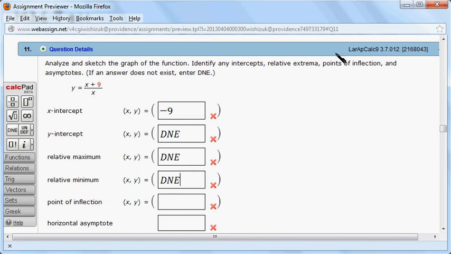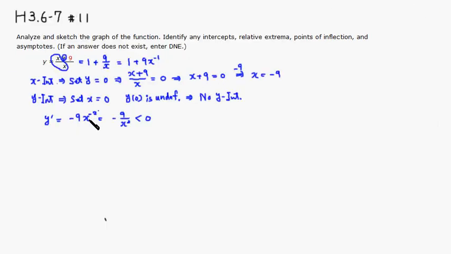Point of inflection, so we have to take another derivative. So y double prime is going to be, put negative 2 in front, so that's 18 x to the minus 3, which is the same thing as 18 over x cubed. This guy is never 0 because we cannot make 18 zero.